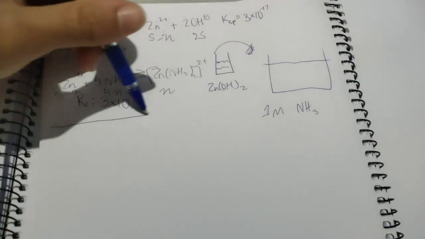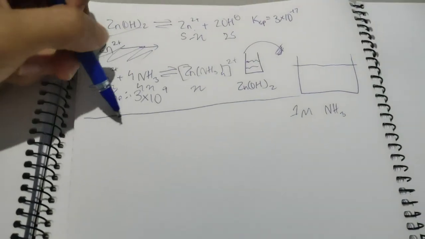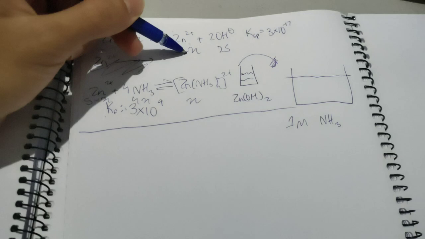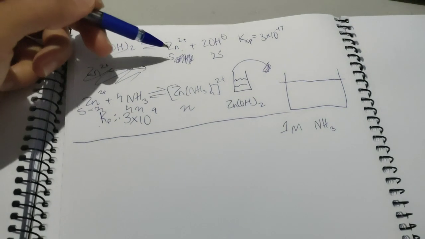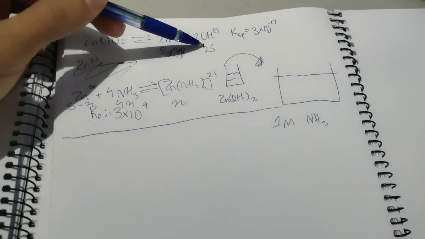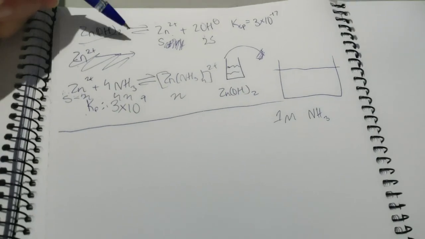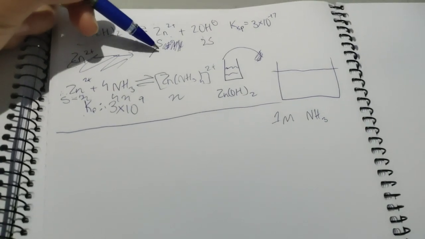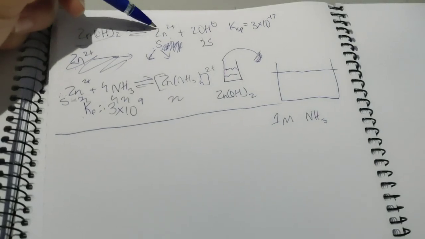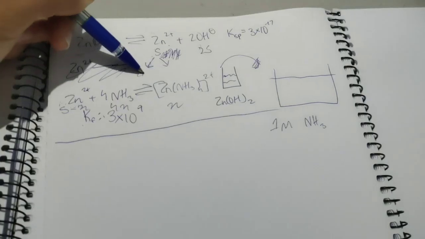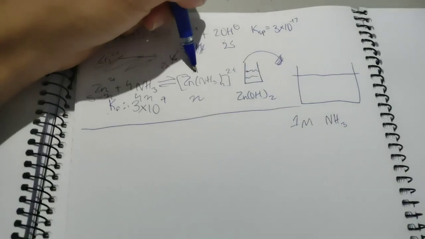What you have to understand is that up until this S and 2S, it's all fine. So let's assume 2S of hydroxide is formed, meaning S of Zn is formed. But now, of this S amount of Zn that's formed, some of it remains as Zn2+, but some of it gets complexed.